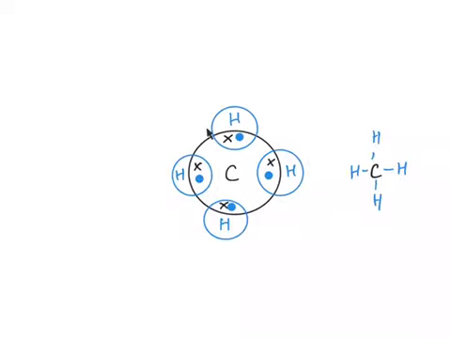The reason it bonds this way is because carbon now has a share of 8 electrons, so it has a full outer shell. Each hydrogen now has a share of 2 electrons, so each hydrogen has a full outer shell.